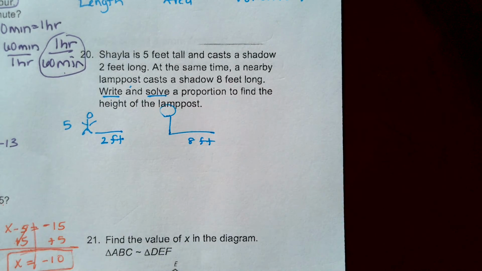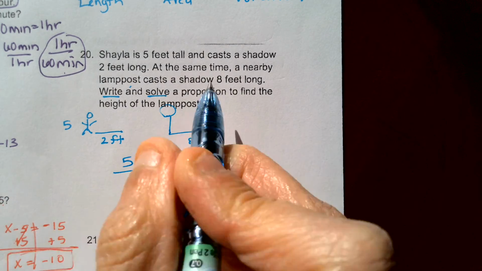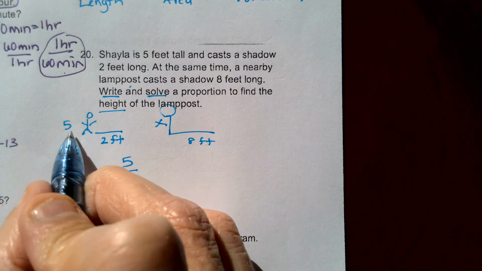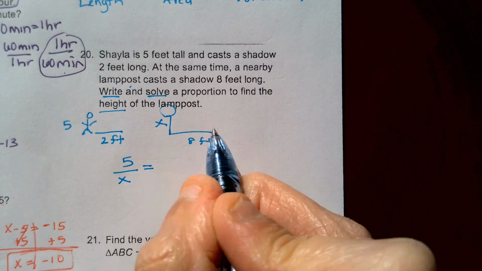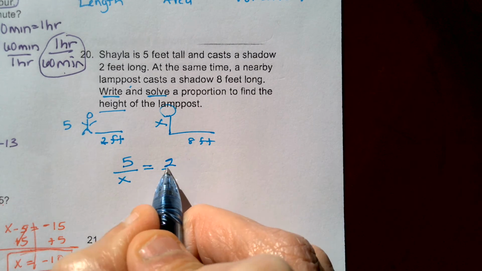Right, so again, 2 directives there. So the proportion would be 5. Oh wait, what's it asking you? Height of the lamppost, x. 5 over x equals, now if I put the 5 on the top, I got to put the 2 on the top, over 8.